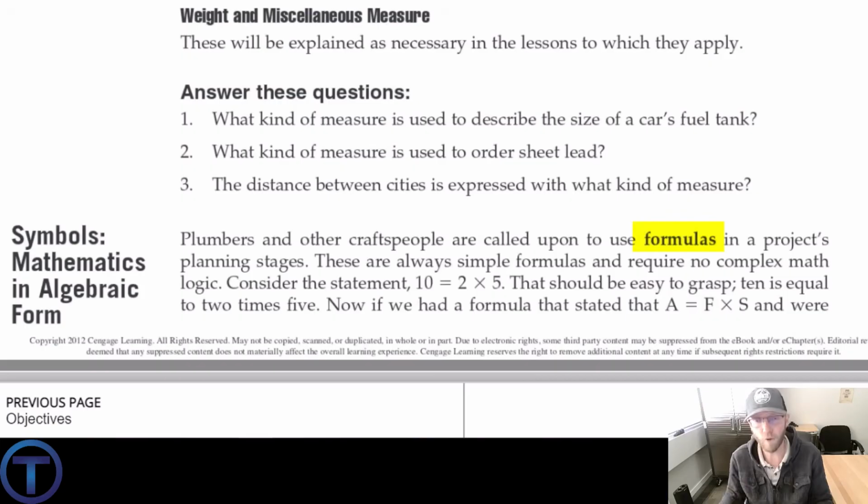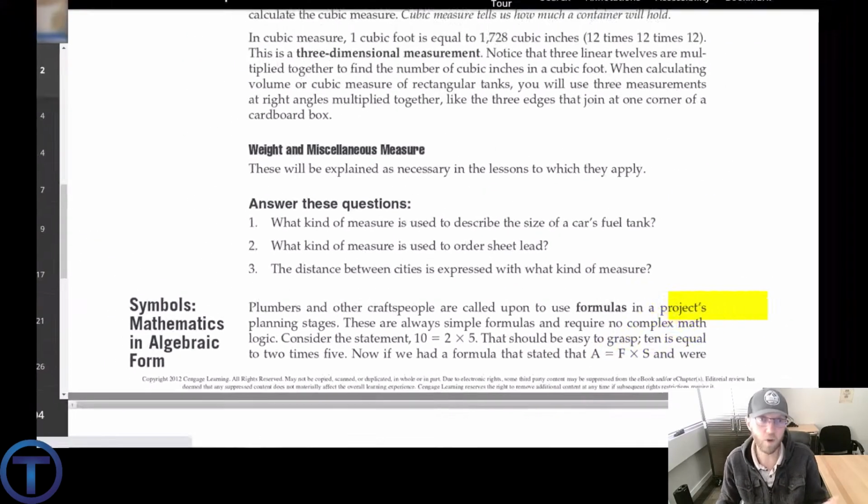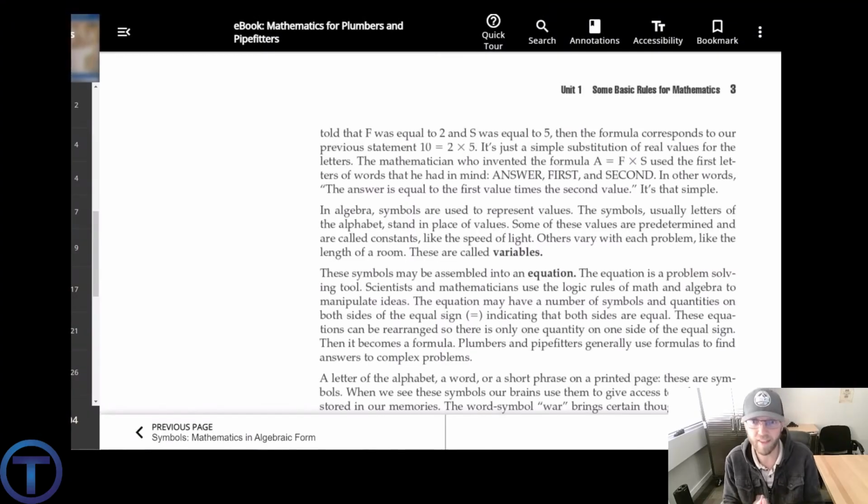That's a formula. Let's start out with something simple like an equation that says 10 equals 2 times 5. Basic multiplication here, right? Well, all the numbers are visible to us there, but in a formula, we replace those numbers with variables, meaning we set it up the same, but those numbers could change, and we're going to take the same action with them.